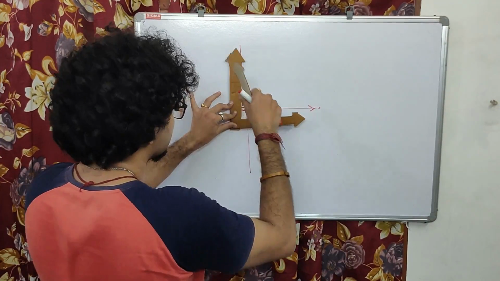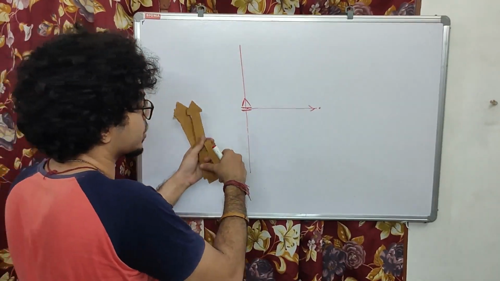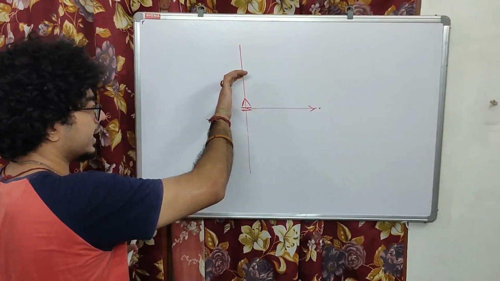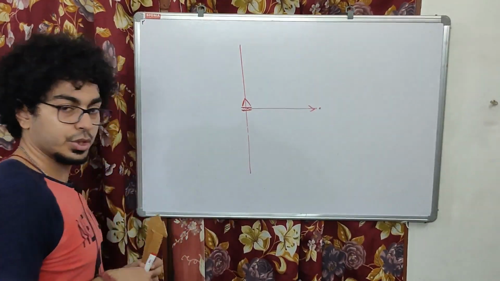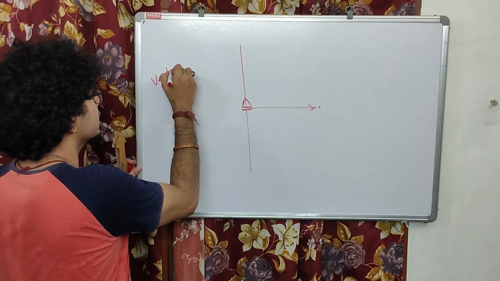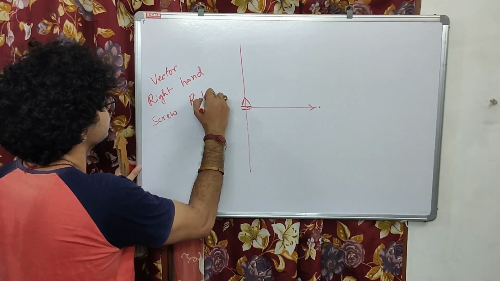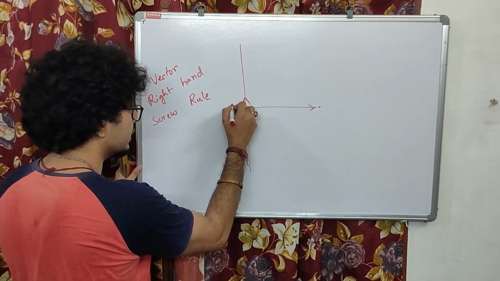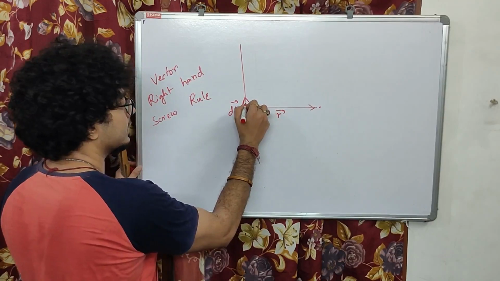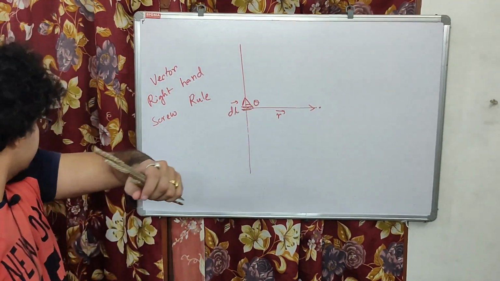So the magnetic field is into the board. How can you say into the board? Just by the right hand screw rule, that is I dL cross r. From vector analysis, the right hand screw rule gives you the direction. This is the dL, this is the r, and this is the angle theta between them. So this is how you get it.